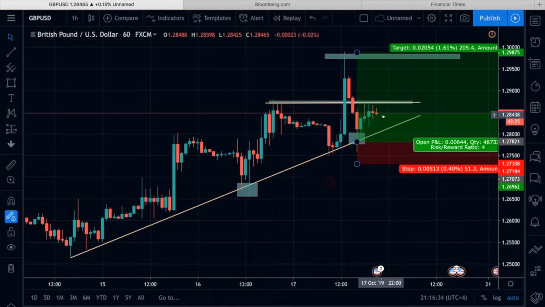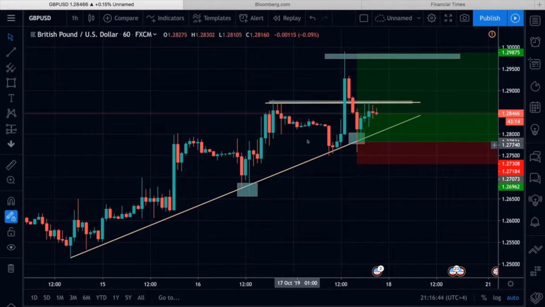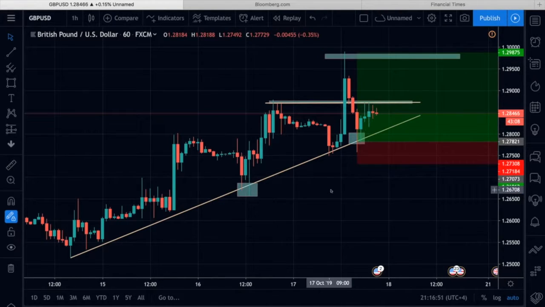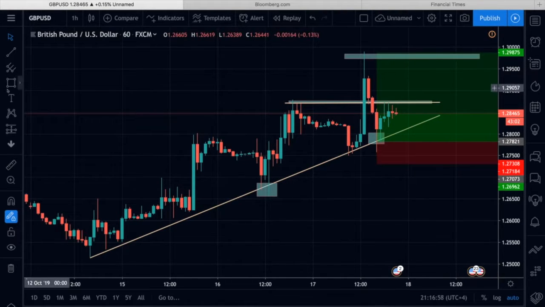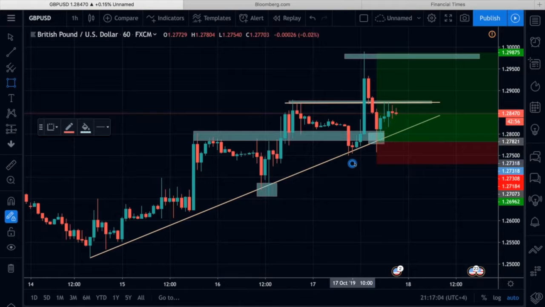But right now I probably won't exit the trade because I know this news is really strong. In 3 or 4 days the price can be here. So I saw the news, I know what is going on in the market, and with support and resistance, we know the lines, we know what is going on here.